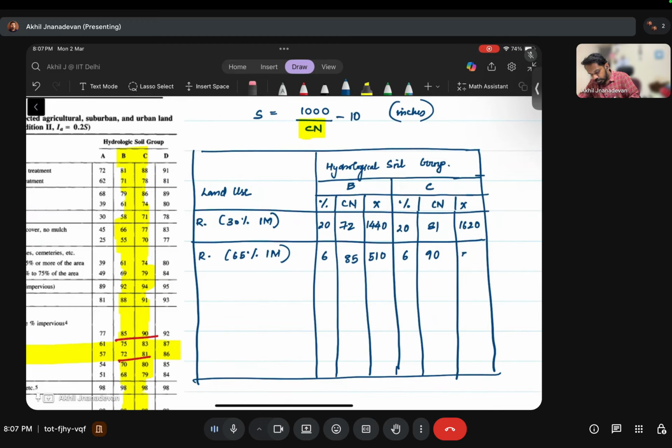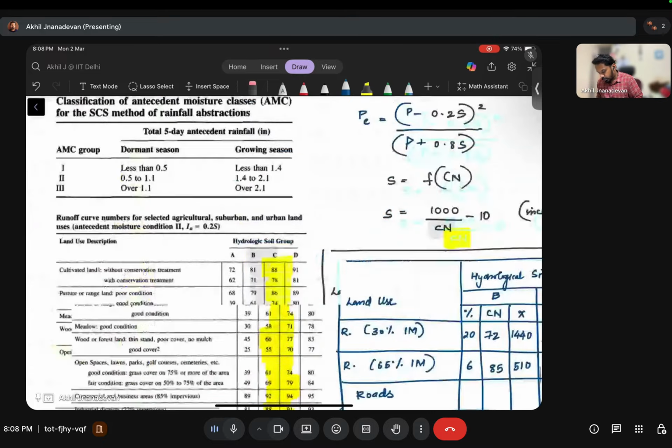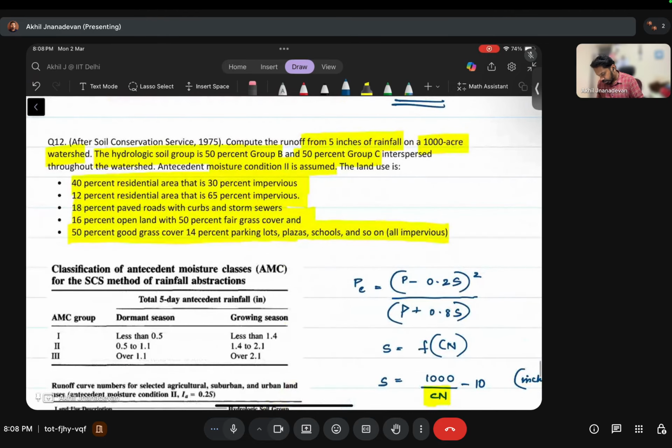Next line is roads. For roads, the total percentage of roads is 18 percent paved roads. So we can distribute it as 9, 9.